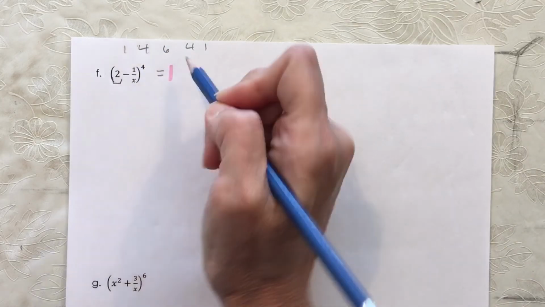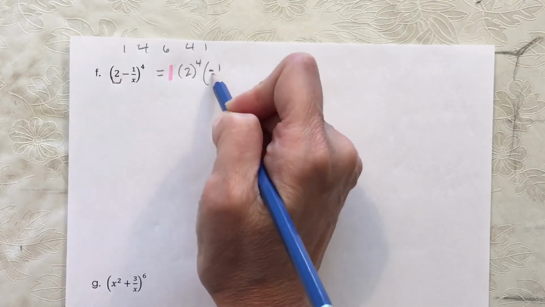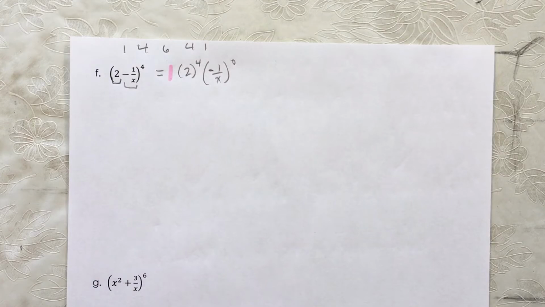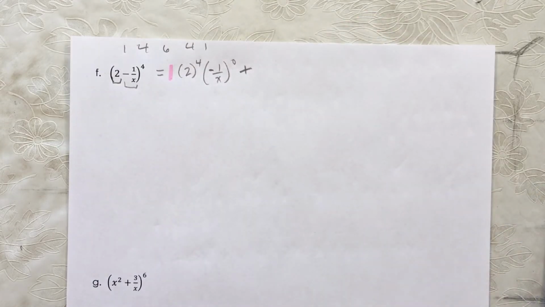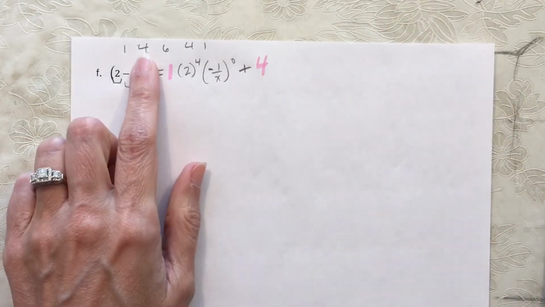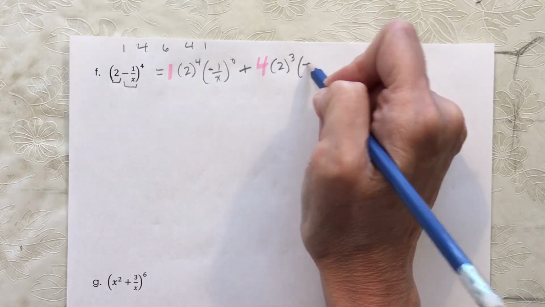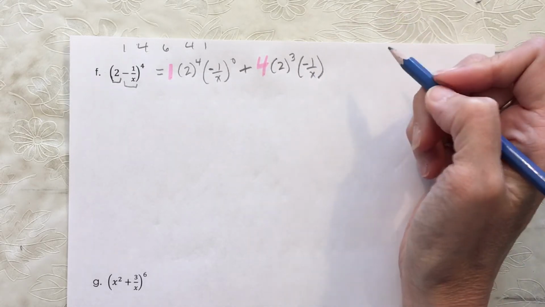This time 2 comes first, so 2 to the 4th, negative 1 over x to the 0. So that's our second part of the bracket, is this negative 1 over x. Plus 4, second number in Pascal's triangle, 2 to the 3rd, negative 1 over x to the 1.